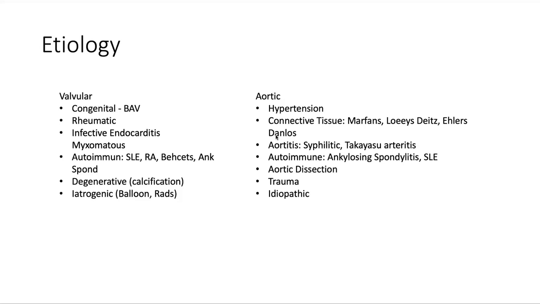And then in some of the more acute situations to cause AR, always really important to think about aortic dissection and, of course, trauma, particularly deceleration injuries in motor vehicle accidents. And then sometimes it comes down to the fact that we actually are just not sure what's causing this.